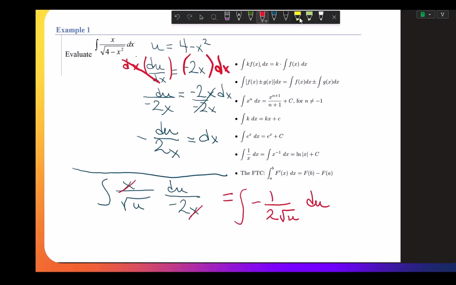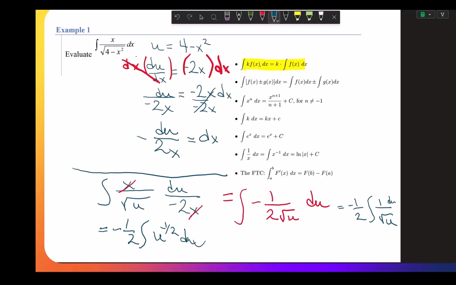Now we can use our constant times a function rule to pull out the constant. This equals negative 1/2 times the integral of 1 over the square root of u, and that's equal to negative 1/2 times the integral of u to the minus 1/2 power du.